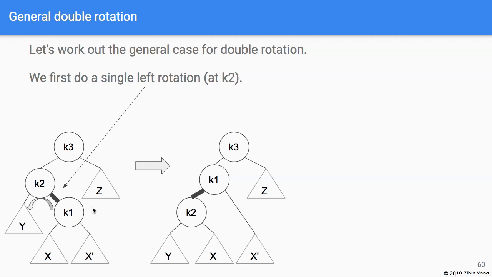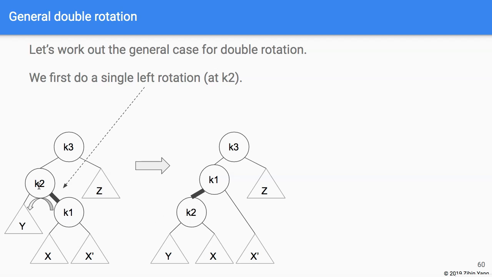So we'll bring up k1 to the root of this subtree that starts at k2. Sorry, we'll bring up k1 to this subtree's root, and then we'll attach k2 to the left subtree of k1. So that's just a rotation, right?